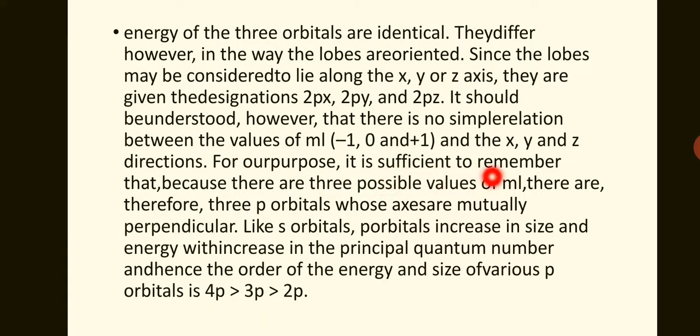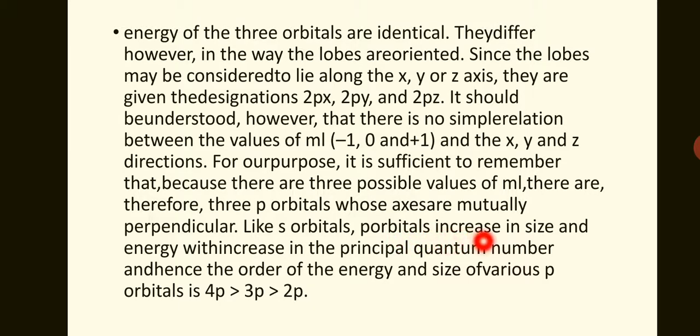It is sufficient to remember that because there are three possible values of magnetic quantum number, that is -1, 0, +1 for p orbital, there are three p orbitals whose axes are mutually perpendicular.